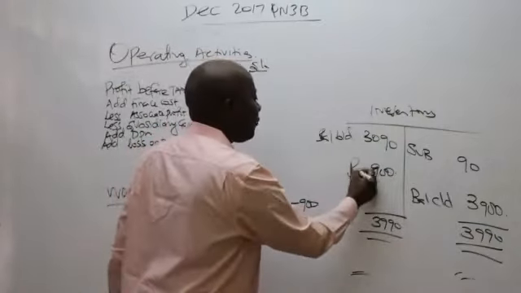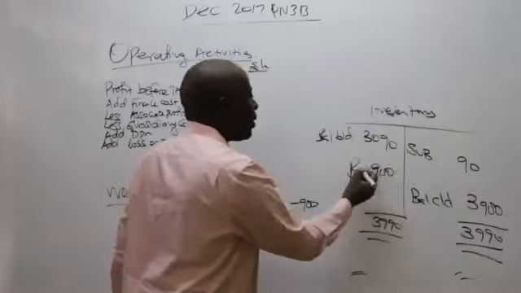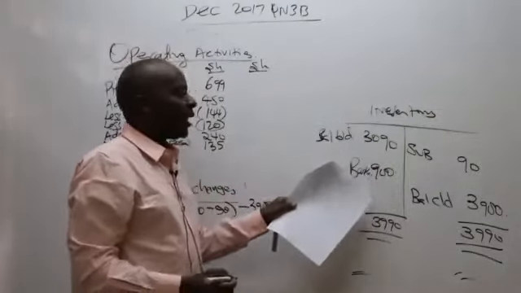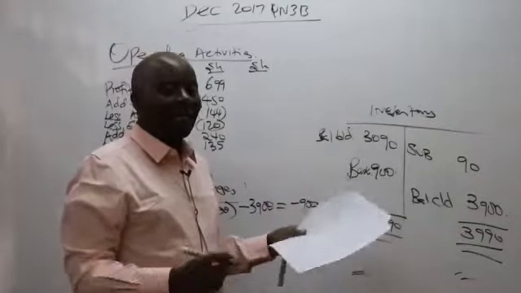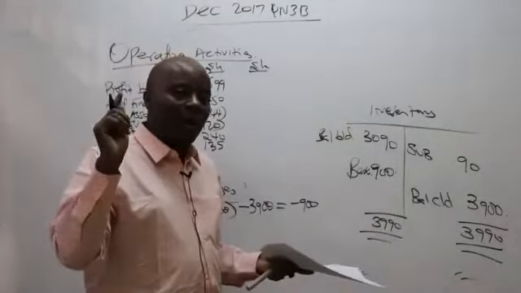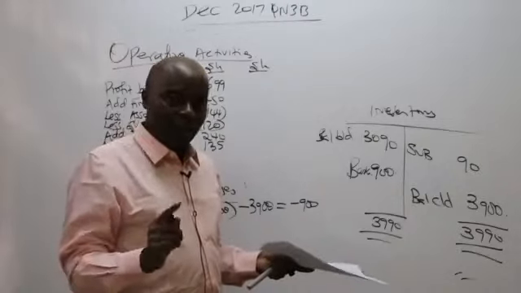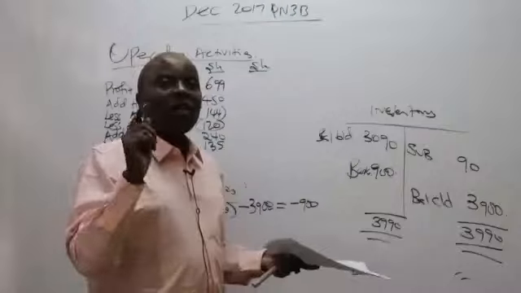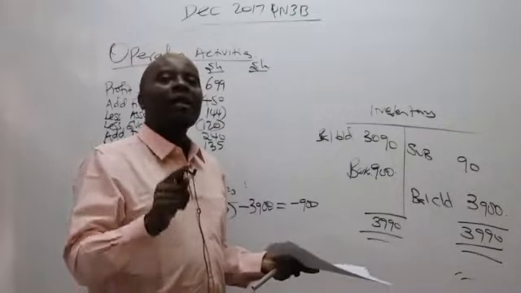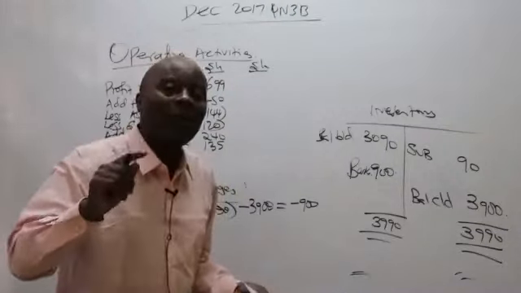So this balancing figure, ladies and gentlemen, what are we doing? We have debited our inventory with 900 and credited what here, somebody? Our bank. If you credit your bank, it means, ladies and gentlemen, that it is a cash outflow.